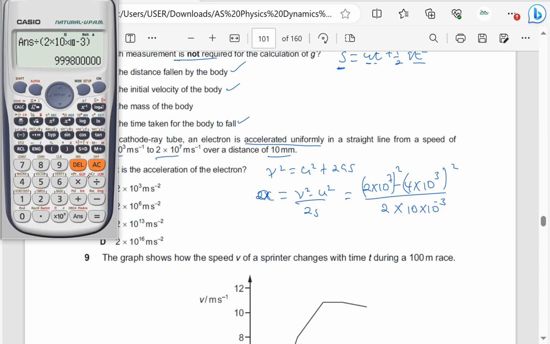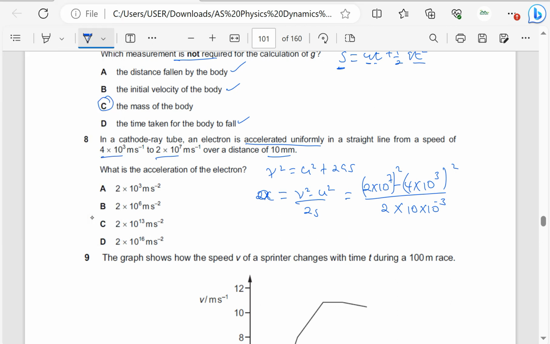Sorry about that. I have to check this again. 2 exponent 7 squared minus 4 exponent 3 squared, divided by 2 times 10 exponent minus 3. So that is 1.999, that is 2.0 times 10 power 16 meters per second squared. So the answer is going to be D.